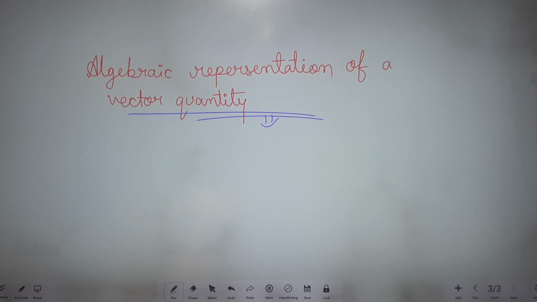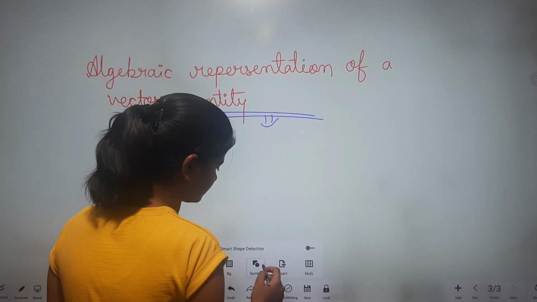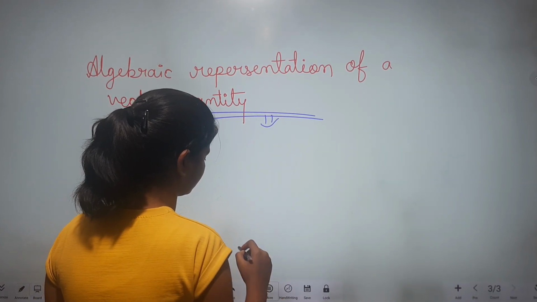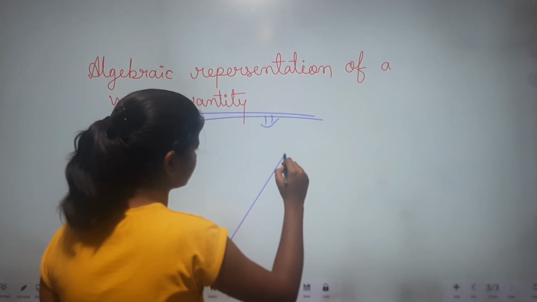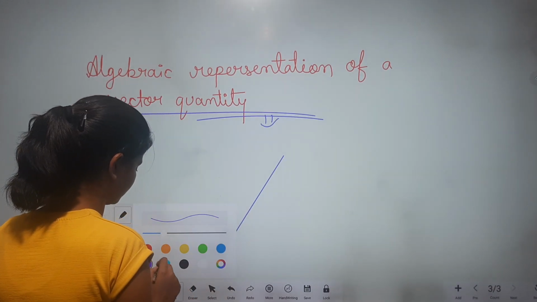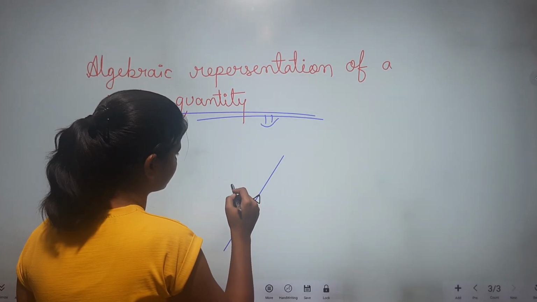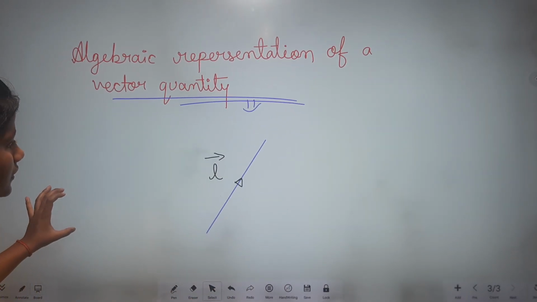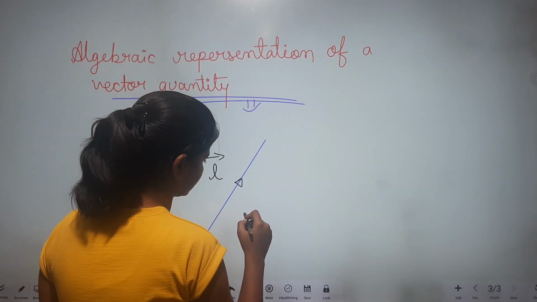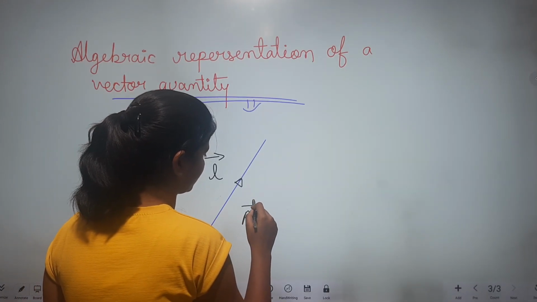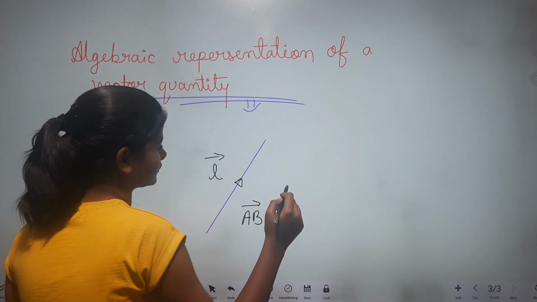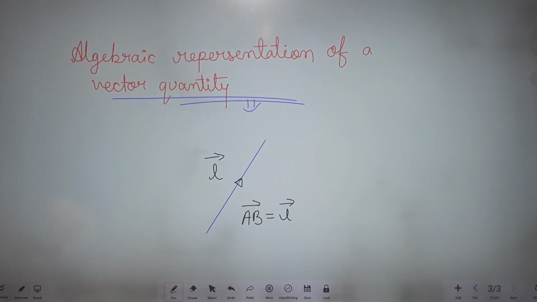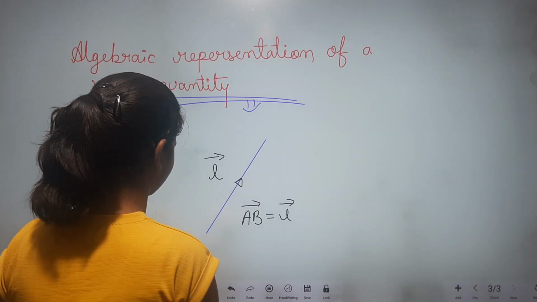So let's draw a line. Or you can also write like this: AB is a line. Okay. We can write like this. But we cannot write like this.